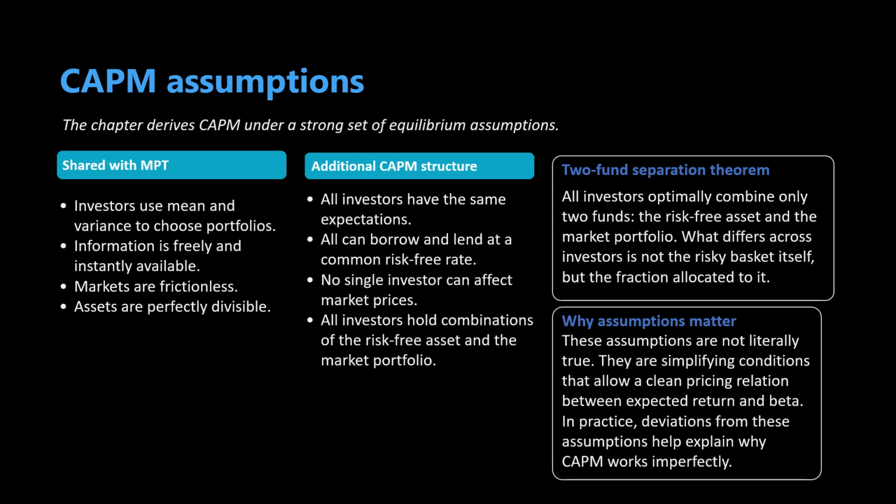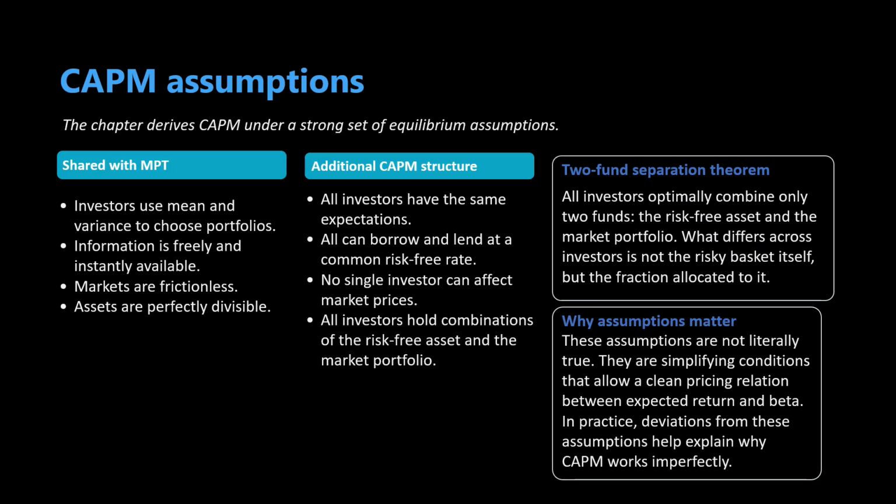Investors use mean and variance to evaluate portfolios. Information is freely and instantly available to all market participants. Markets are frictionless, that is, no taxes, no transaction costs, and assets are perfectly divisible, so investors can hold any fraction of any security.